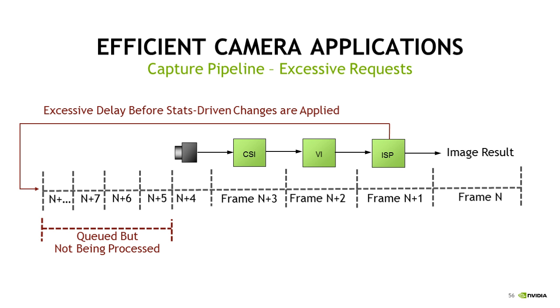In this case, if the capture request queue contains more requests than can be currently processed by the pipeline, then multiple requests may sit idle before even entering the pipeline. This introduces an excessive delay between when the image statistics are returned and when the next capture request derived from those settings will be used.